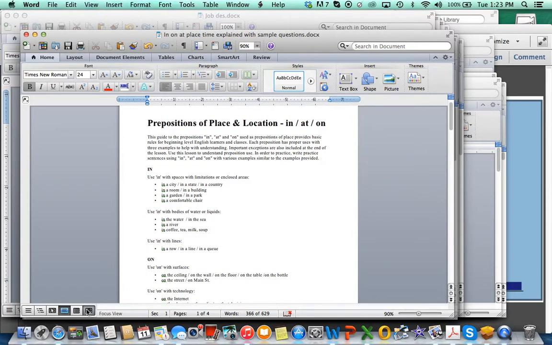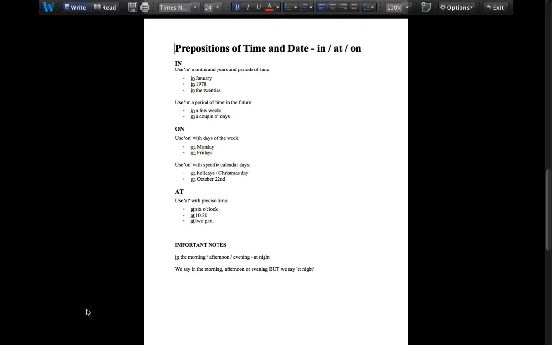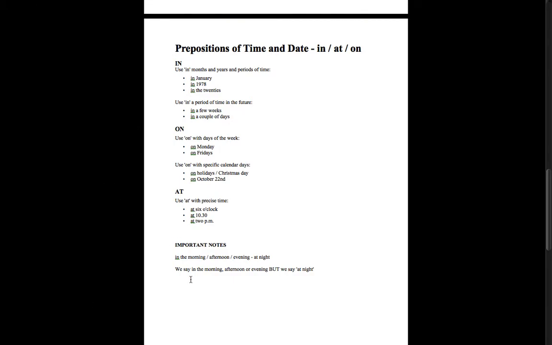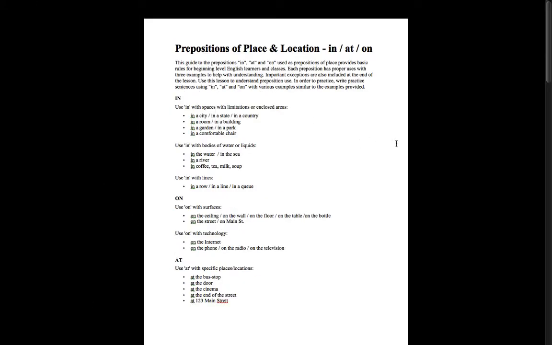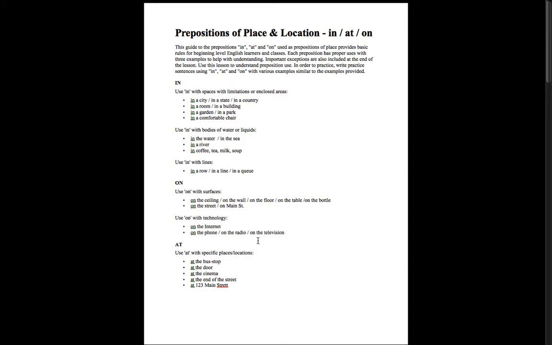Then I'll open another document that is about prepositions of time and place, and we'll go through some of these rules. We'll look at when we use in and talk about some of those ideas from the target exercise, bodies of water, surfaces. And then I do also talk about technology because that is another one that comes up.